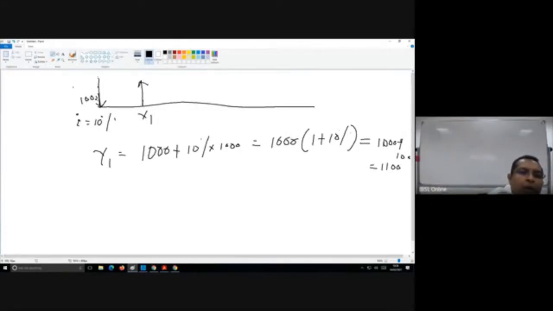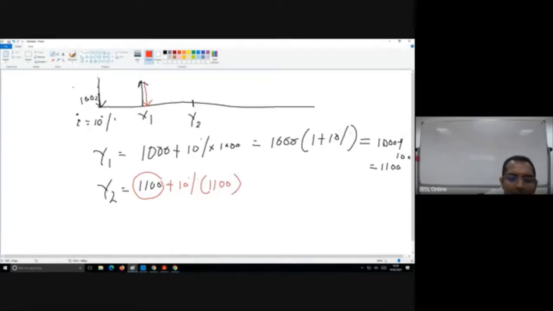Now you are reinvesting that amount, right? Year two, your investment is 1100, right? Now we are talking about year two. You have invested this one, that is your investment, at 10%. So 10% of 1100.